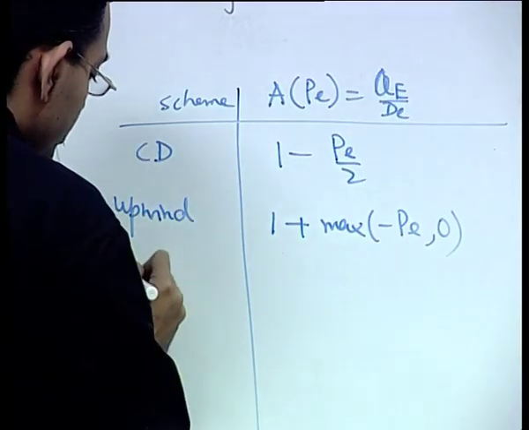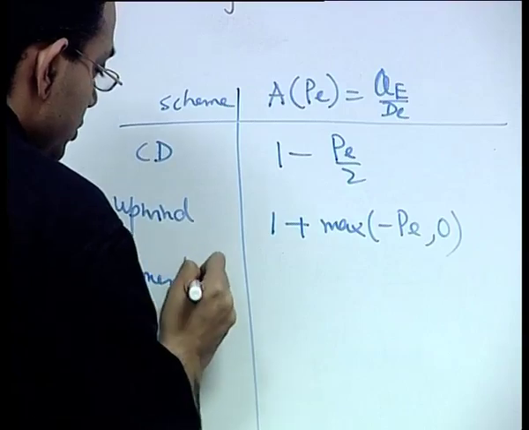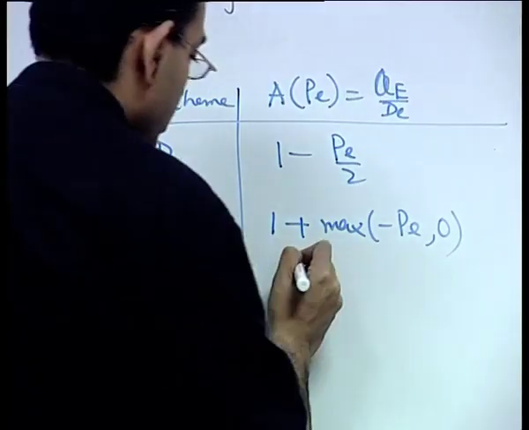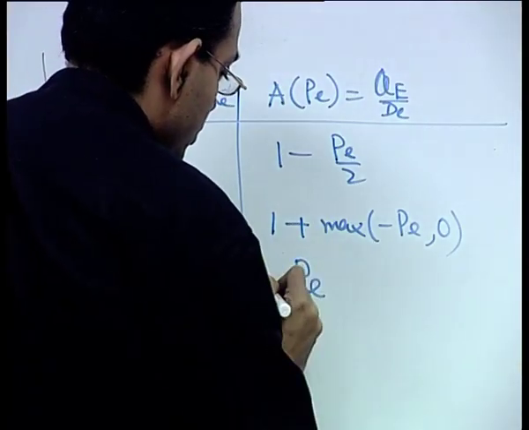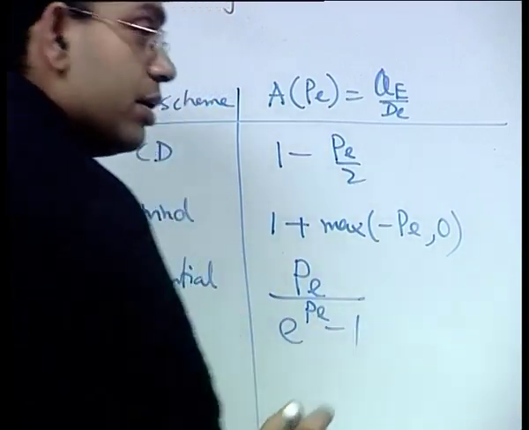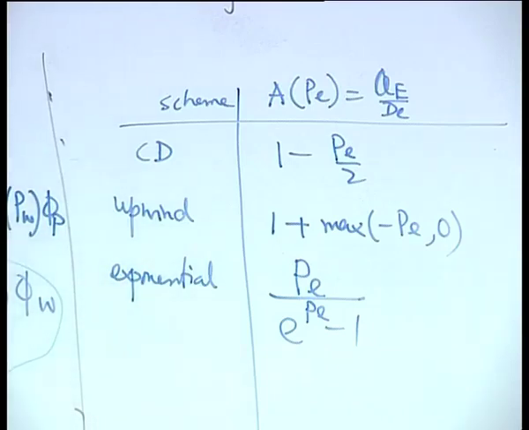Exponential scheme, P by e to the power P minus 1. Just check whether these are all right. We have derived all these earlier.